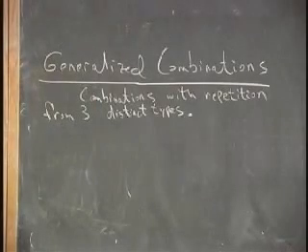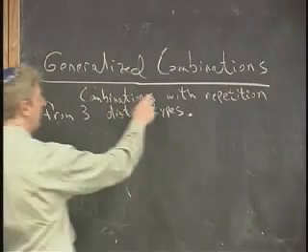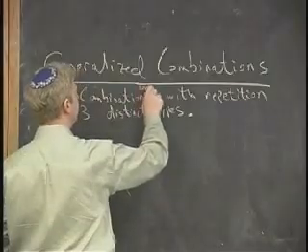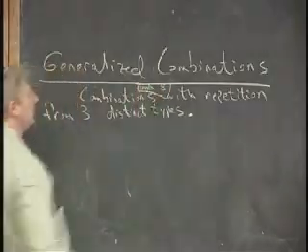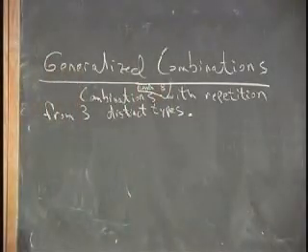Let's talk about combinations with repetition from 3 distinct types. And as a particular example, let's say I want to take 8 of these. So combinations of length 8 with repetition from 3 distinct types.